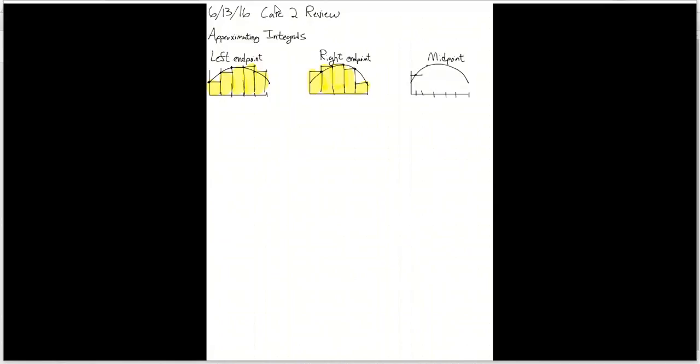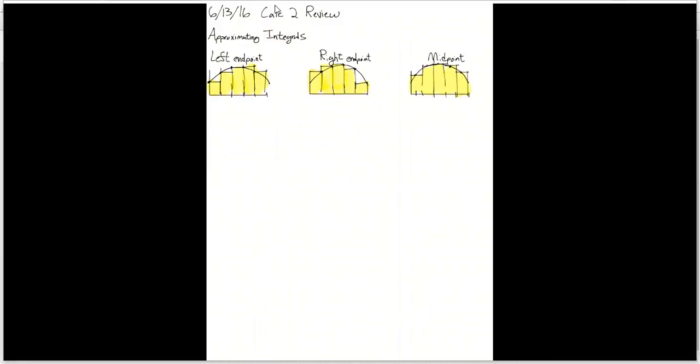We put some dots right in the middle of each of these tick marks on the function, and then do our rectangles here. Okay, so what we've got now is the area underneath these. These are the three variations that you might remember from Calc 1.